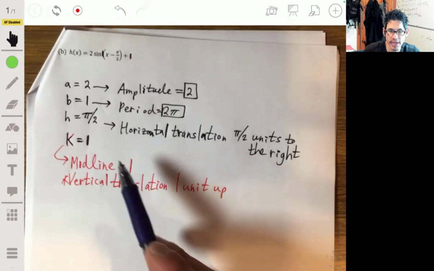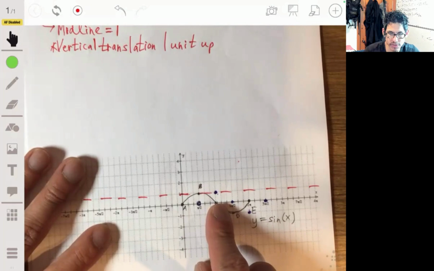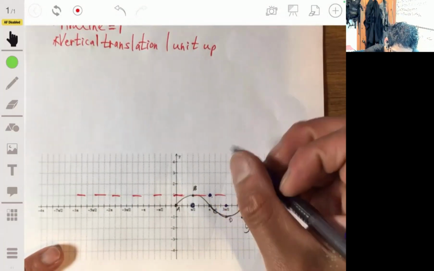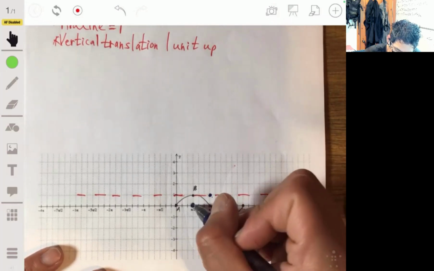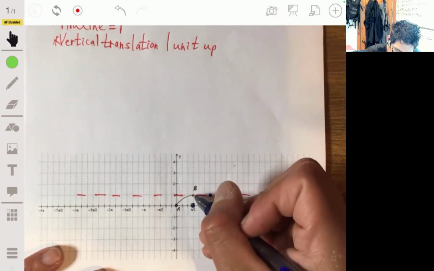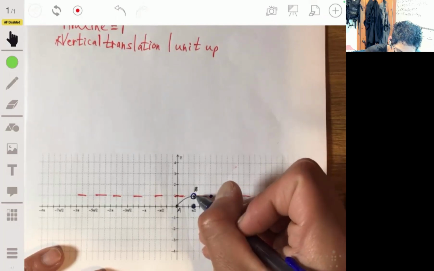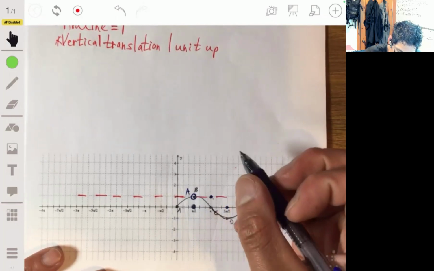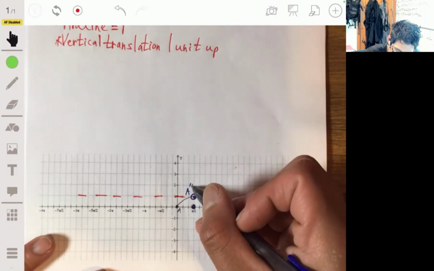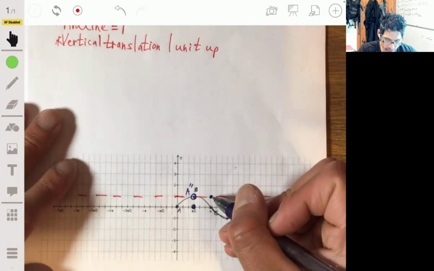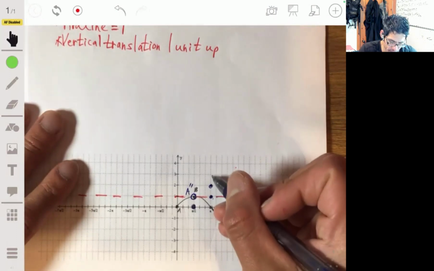Now the K moves it up 1 unit. Then after we move pi over 2 units to the right, we then move these up 1 unit. So starting with here, we move the pi over 2 up 1 unit to here. Now let's call that A prime, or A double prime, I guess. The next one here, moving it up 1 unit, call that B double prime.